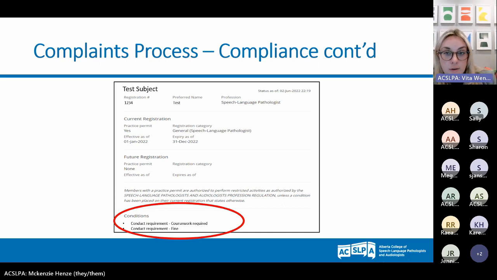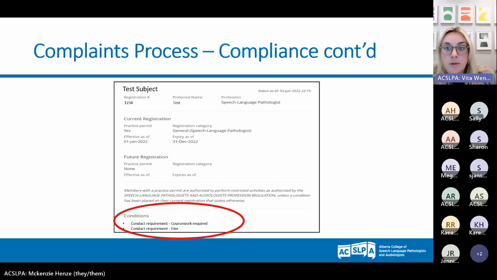So if somebody looked up someone's permit, that potentially would show on their permit saying Jane Doe, based on their disrespectful communication, was asked to do a course about ensuring proper communication with patients or clients. That course takes 4 months, or that course takes 2 weeks, however long they're going to take to do it. And generally that condition will show until that requirement is complete.